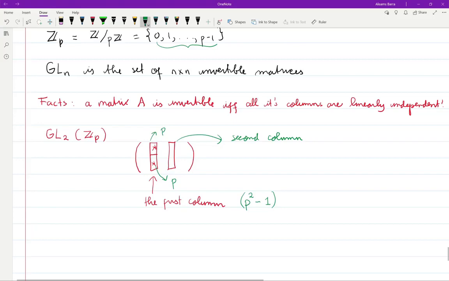And how many multiples of the first column? So once the first column is chosen, let's say the first column x, for example, is chosen. There are alpha x multiples of x.